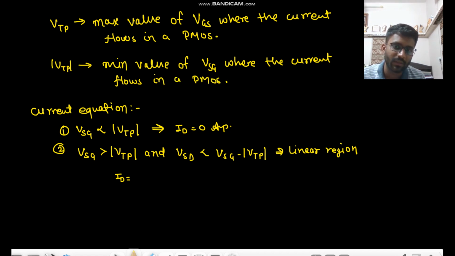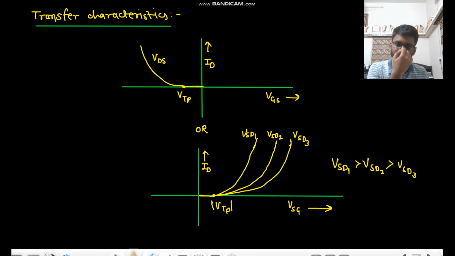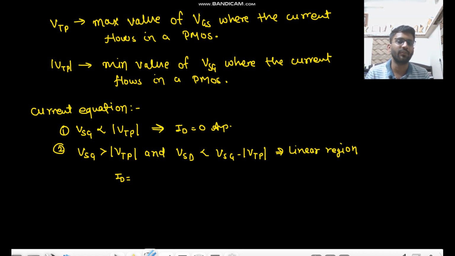Here all the values are lesser than VTP, so for all the values lesser than VTP, the current will flow. So it is the maximum value of VGS where the current flows in PMOS. After that, the current doesn't flow.